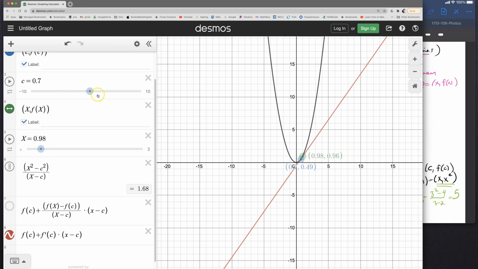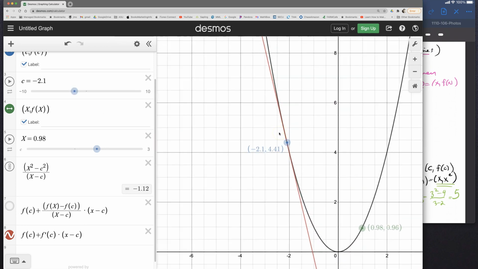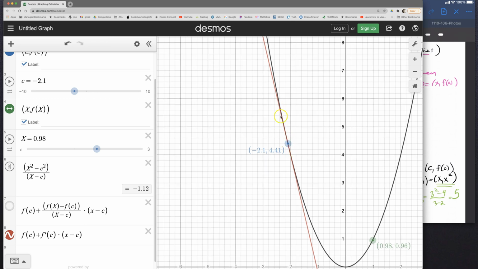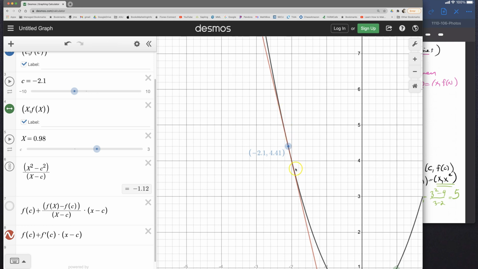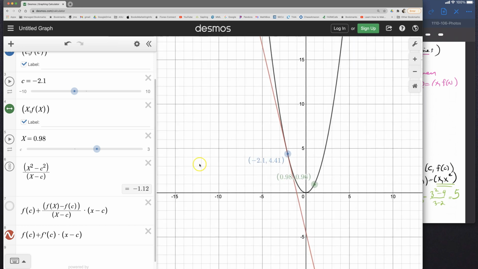As you move this dot around, this red line is the tangent line. If you were to zoom in on this function, it's the line that goes through the specific value of c, and it matches really well with the function at that point. So it's kind of an approximation of the function.